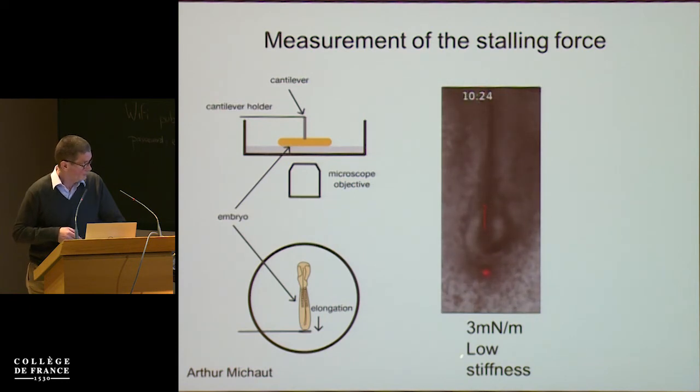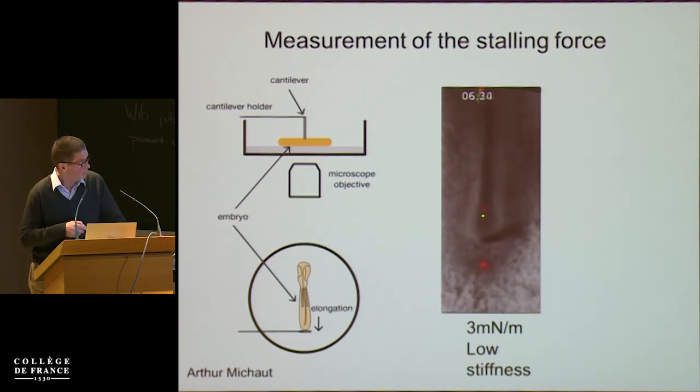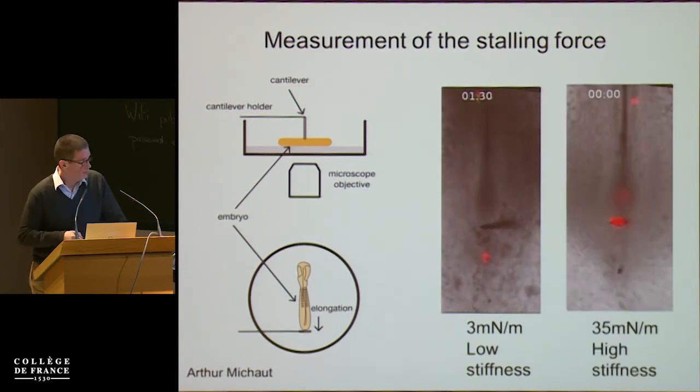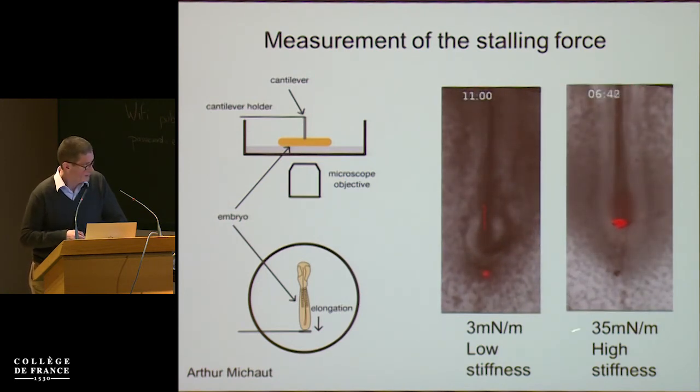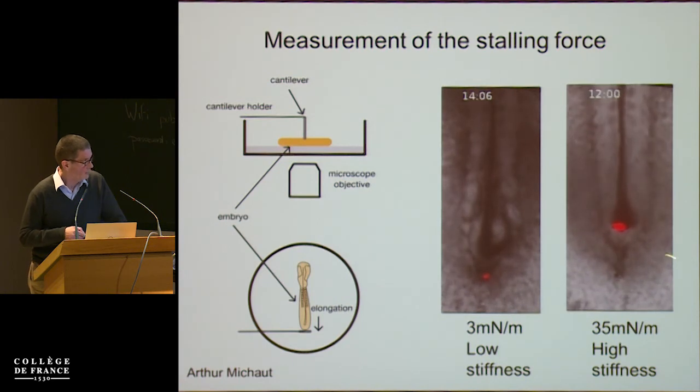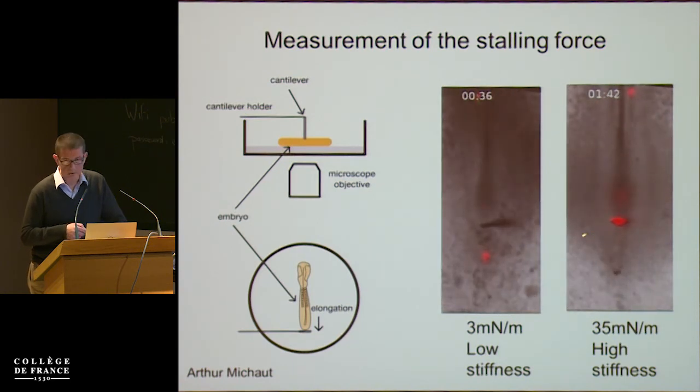And for instance, if you use one with a low stiffness, like this one, which is 3 millinewtons, this is the cantilever here. This is the track of the cantilever in red. It's just a dot marking the end of the embryo. You see that the cantilever is pushed in these conditions. But now, if you use a cantilever with a higher stiffness, like 35 millinewtons, then you see that elongation is stalled.